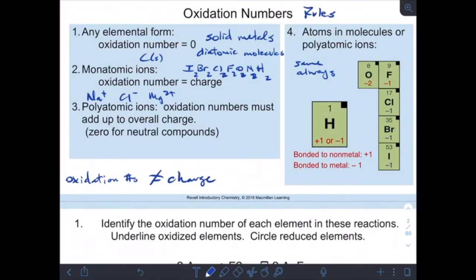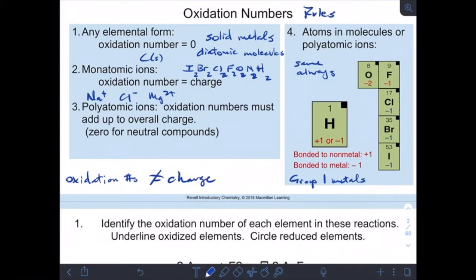Chlorine, bromine, iodine, always -1. Hydrogen is usually a +1 unless it's bonded to a metal. The others that are always the same are the group 1 metals, things like sodium, lithium, potassium. Those are always oxidation states of +1.